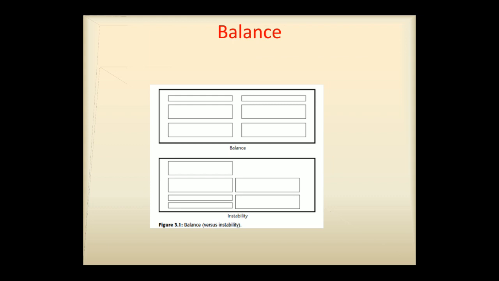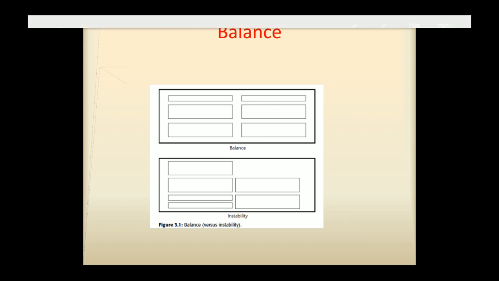If you observe figure 3.1, it illustrates balance, which is nothing but stabilization or equilibrium, a midway center of suspension. The design elements have equal weight from left to right as well as from top to bottom. The opposite of balance is instability.